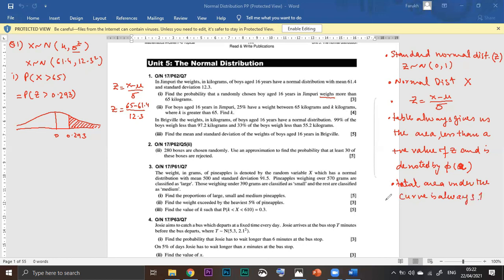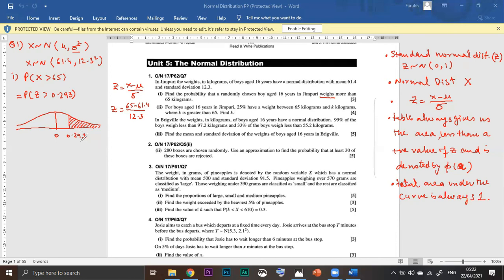So when we have the area less than 0.293, we will subtract that area from 1 and we will get the area on the right hand side of 0.293.